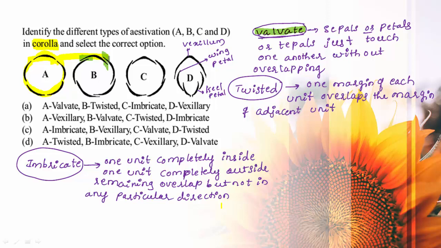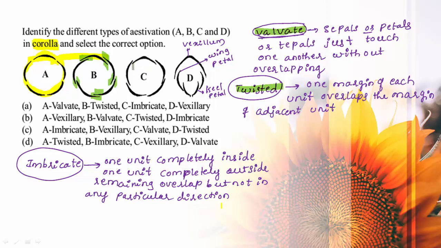Here also half edge is outside and half edge is inside. For this also half outside and half inside, again half inside and half outside. That means every unit shows a regular pattern of overlapping, and this kind of estivation is called twisted estivation.